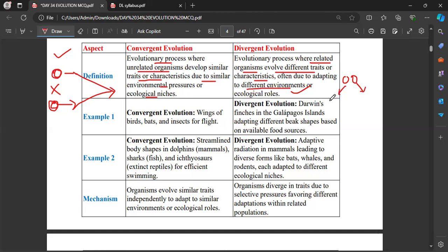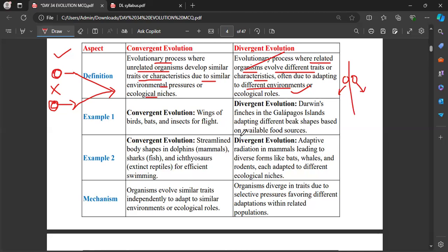Again, due to different environments and ecological roles, they acquire different characteristic features and they get deviated. This is what divergent evolution is. See, convergent evolution means unrelated species develop similar characteristic features between them. Divergent evolution means two related species acquire different characteristic features. That is what divergent evolution is.